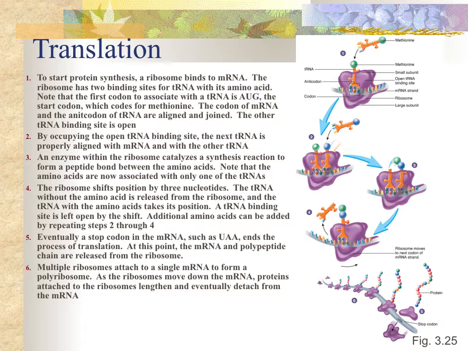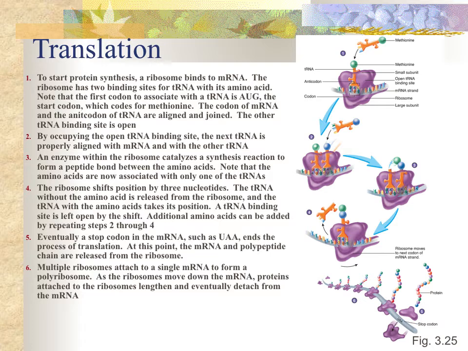Transfer RNAs have anticodons that are complementary to that. Different tRNAs bring different amino acids depending on the codons, and those are assembled into a protein. Eventually a stop codon is reached on the messenger RNA, and at that point the ribosome releases and you get that protein being released, and it can fold up.